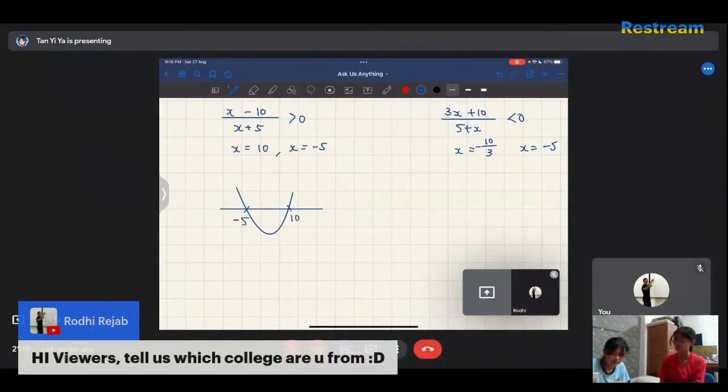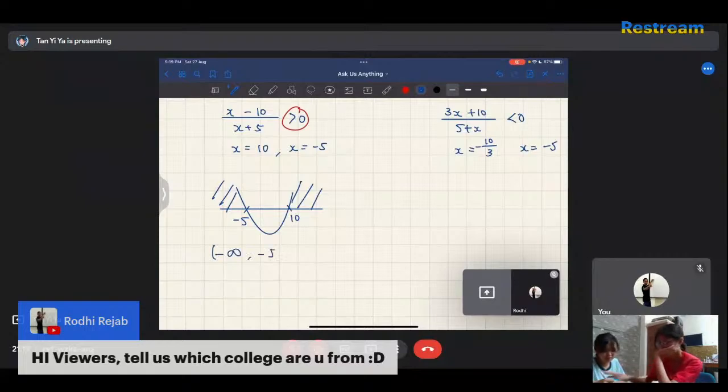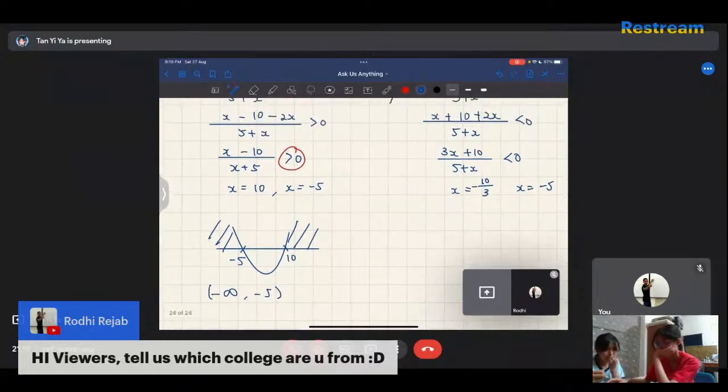Negative 5, we plot in the graph, and then you just see here is greater than 0, so the value is positive. So it will be negative infinity, negative 5, union. Wrong. It's wrong.